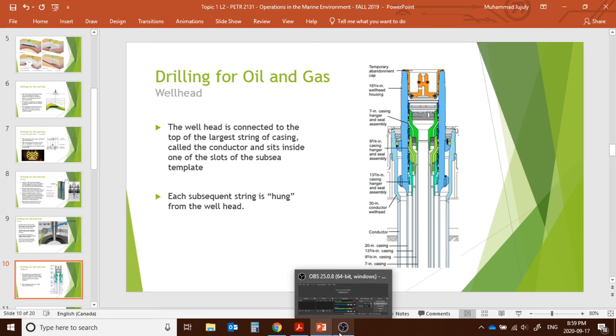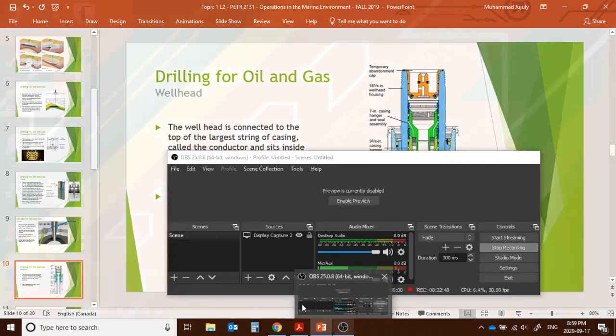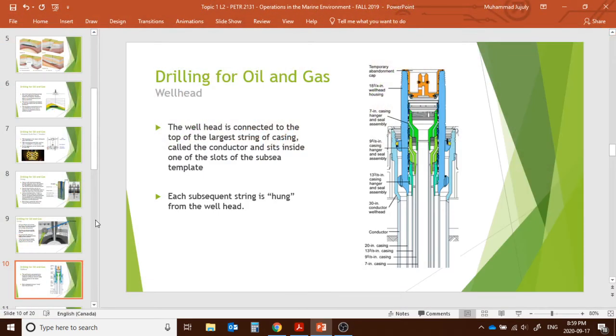The wellhead is connected to the top of the largest string of the casing. It's called a conductor, and sits inside the slots of the subsea template. So it hangs all the casings. Remember that.